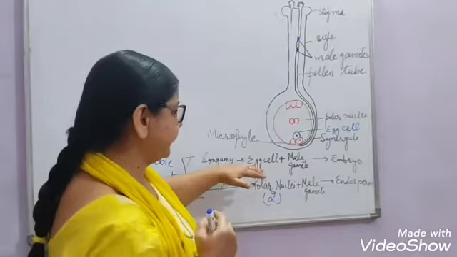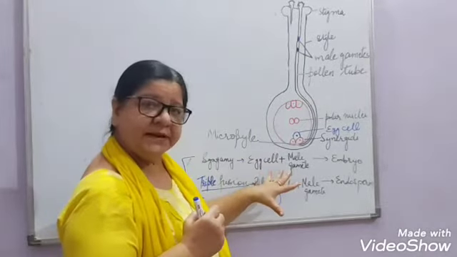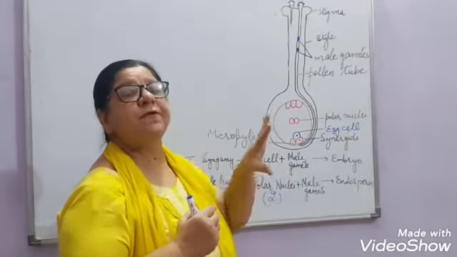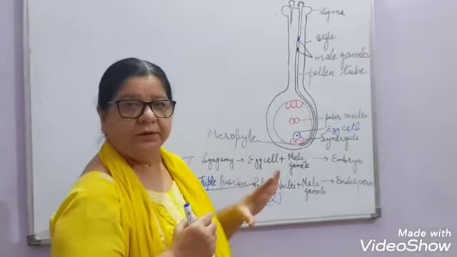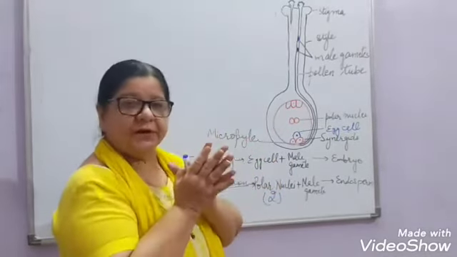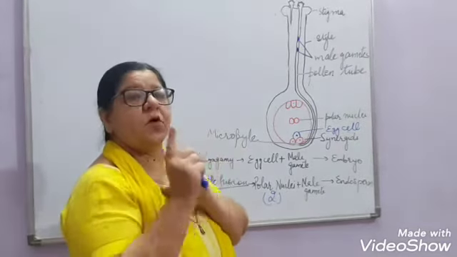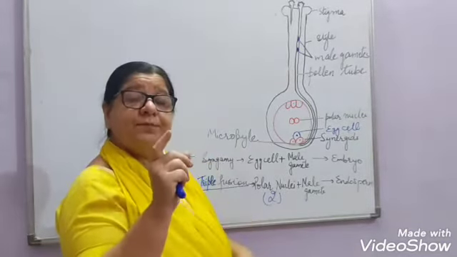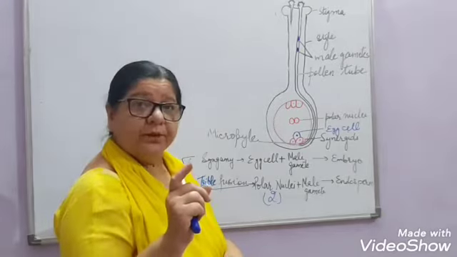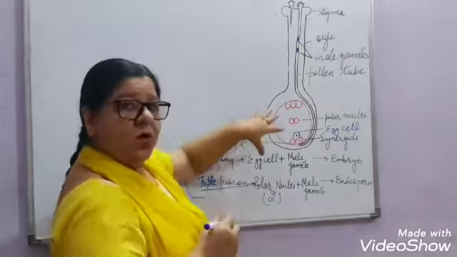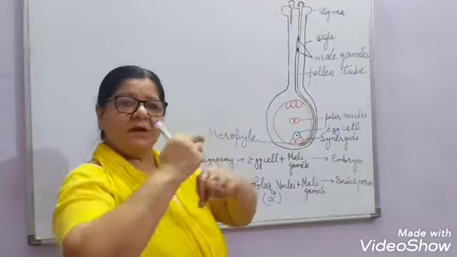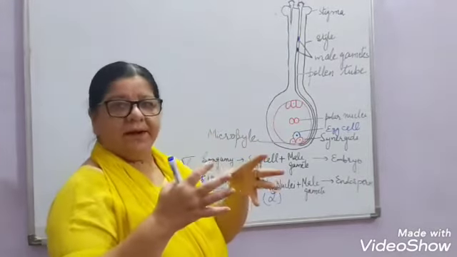Now, when this fusion has taken place, it will form a zygote, right? This fusion of the male and the female gamete together will form the zygote. Now, this zygote will keep on dividing, redividing, right?